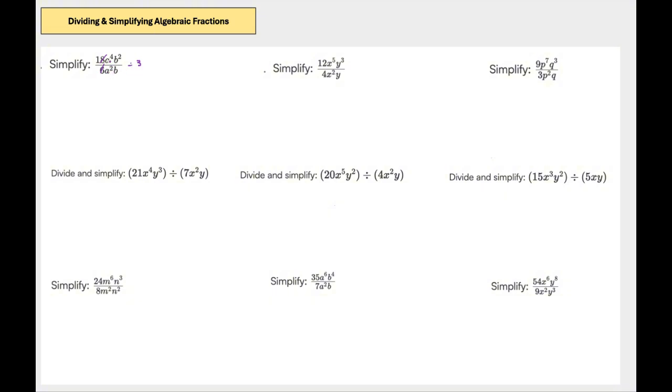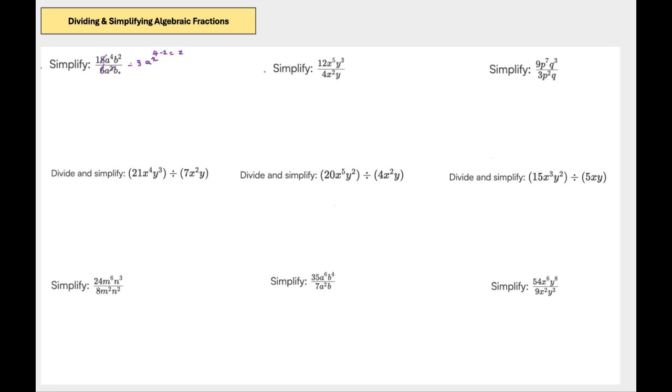We have a to the power of 4 and a squared. If you know the laws of indices, you will know that in a fraction, you take away when it's a divide. So we take 2 away from 4, which gives us a squared.